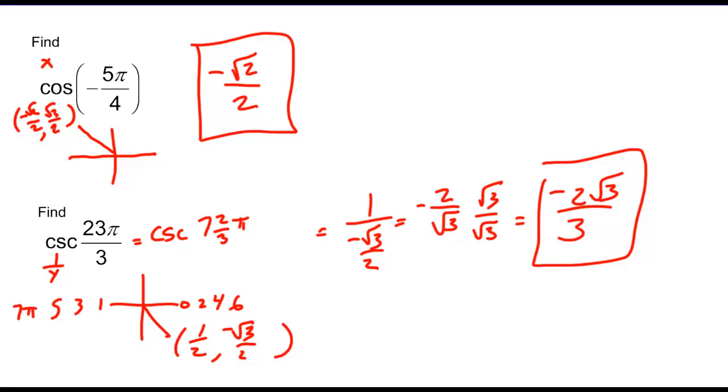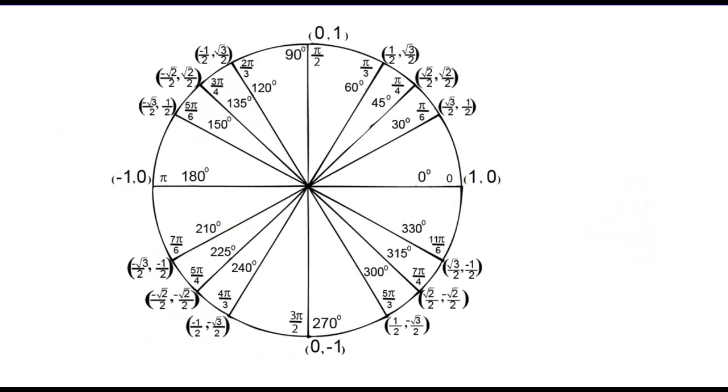Now, one of the things you can do to help you memorize or get to know these values on the unit circle a little bit better is to notice a pattern that exists here. If x is my cosine, notice the pattern, 3, 2, 1.